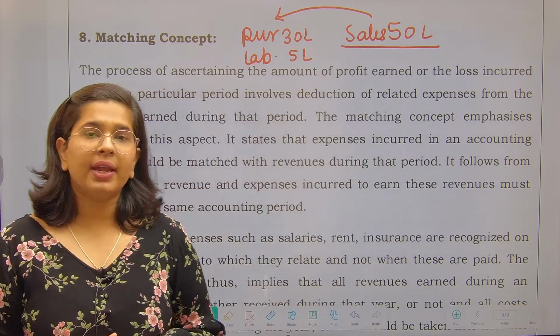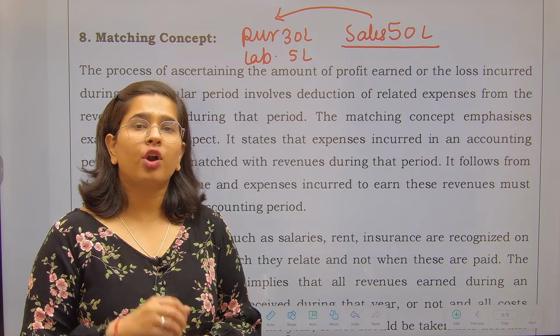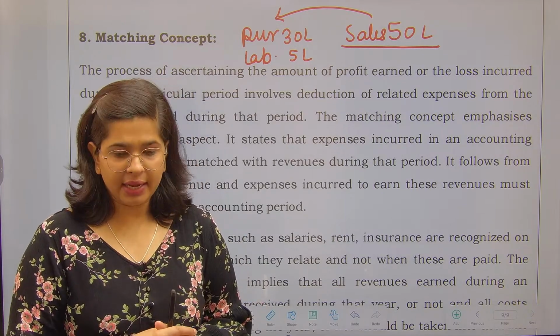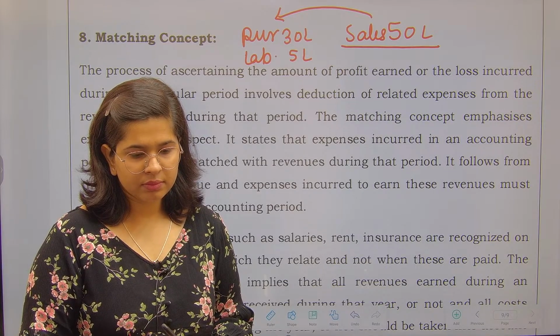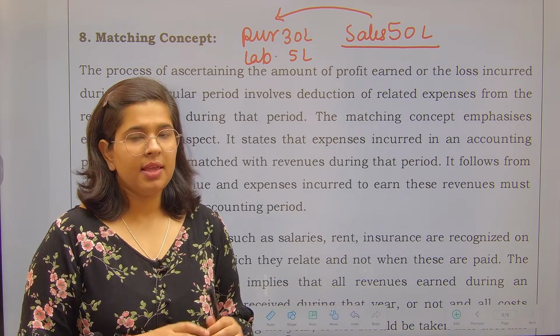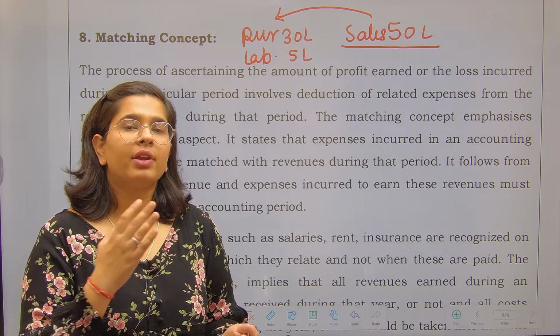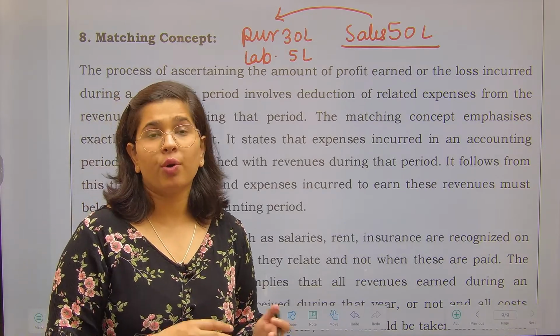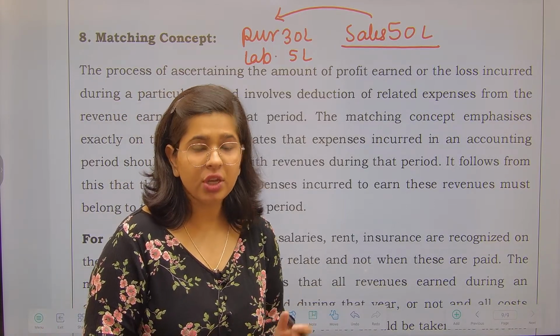Now I have paid commission on it, commission or brokerage in order to earn that particular income. So I will be recording my interest income and I will also be recording the commission or brokerage that I have paid. Okay, this is called the matching concept.